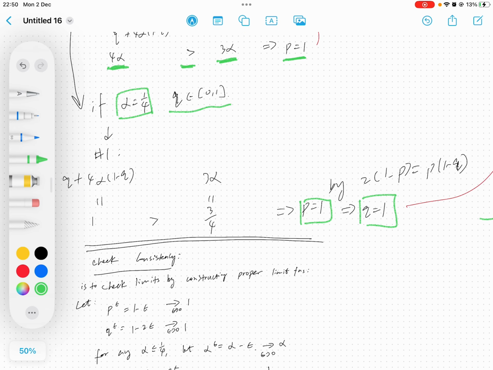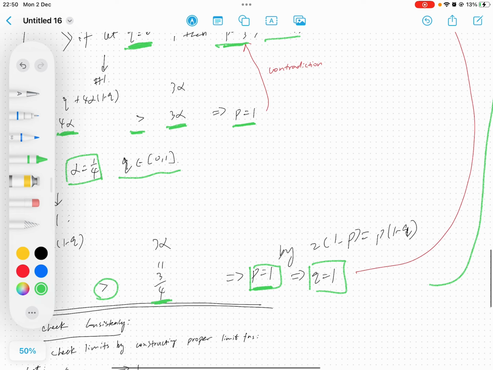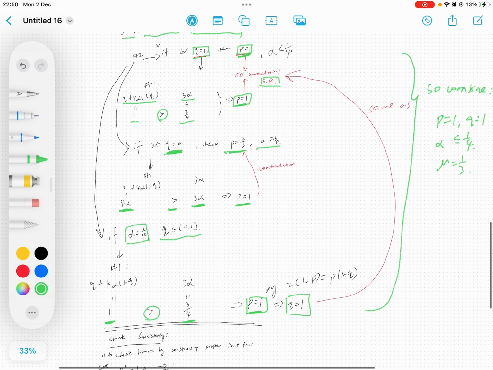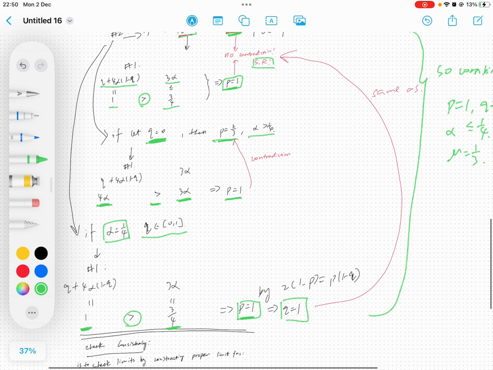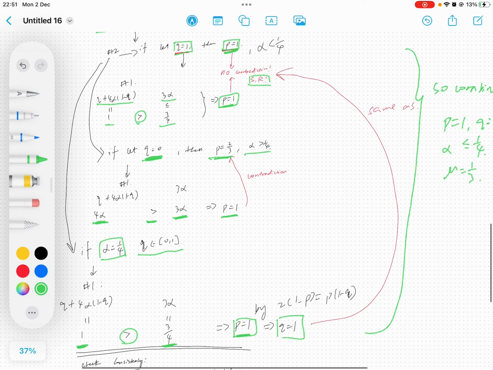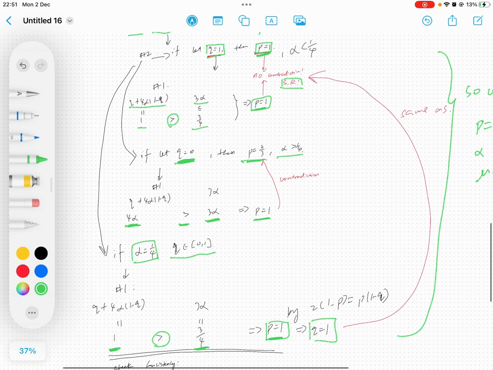The left hand side gives us 1, and the right hand side 3 alpha is 3/4. So it is a greater sign, and again p is 1. So p is 1 is definitely okay, right? Because we are coming from here, all the way up to here. Good. And in this case, q is also 1.